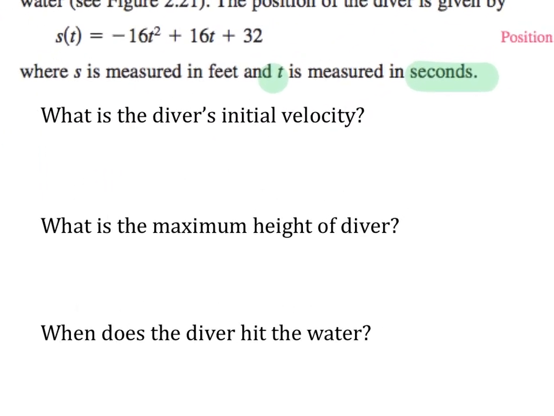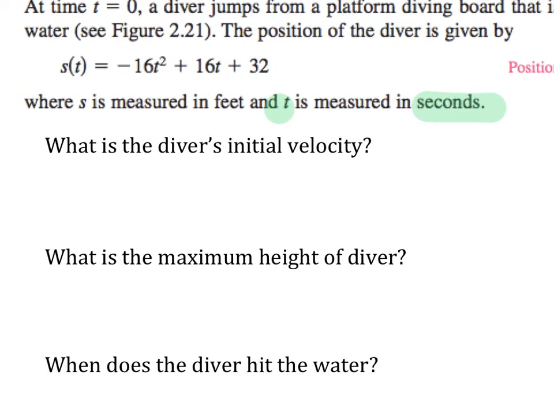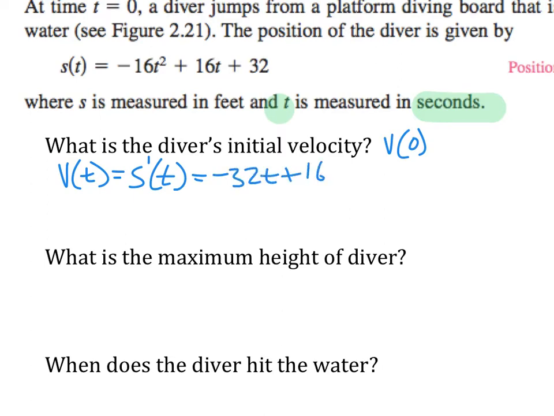So what's the diver's initial velocity? Well, remember, velocity is the derivative of position. So we're looking for initial velocity, we're looking for v of 0. So we've got to find v of t first. V of t is the derivative of s. Looking at the function up above and using our power rule, we have v of t equals negative 32t plus 16.